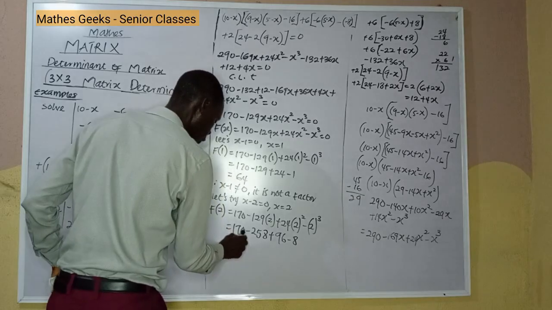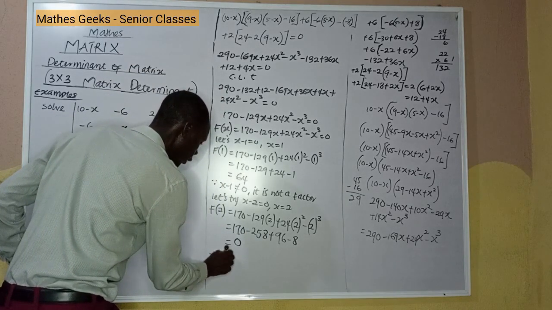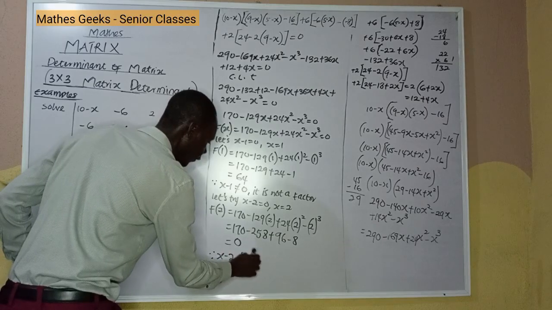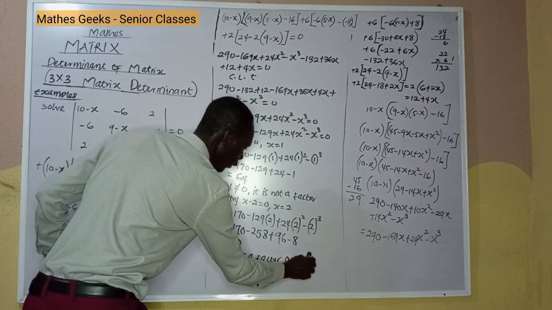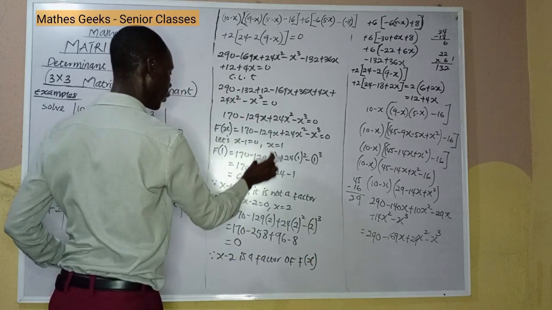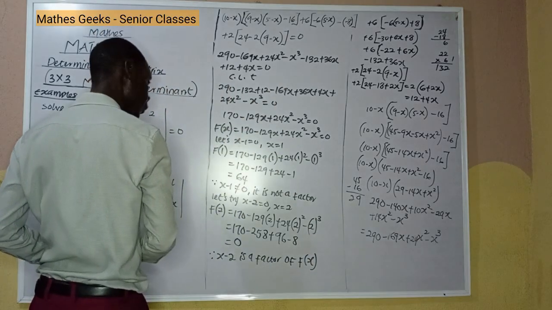So this will be equal to 0. What this implies is that x minus 2 is a factor of f(x), where f(x) is this polynomial that we got.